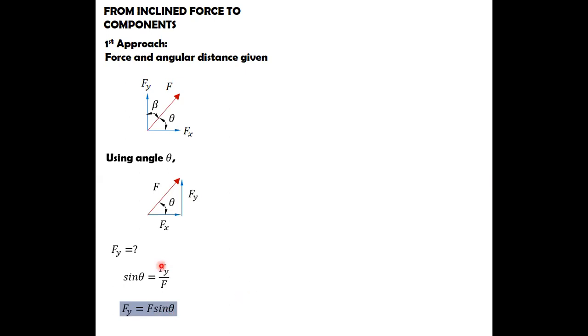Now, next is if we want to compute the x component. So this time, the horizontal side of the triangle is adjacent to theta, and then ganun pa rin, i-correlate natin siya doon sa hypotenuse side. So cosine function.